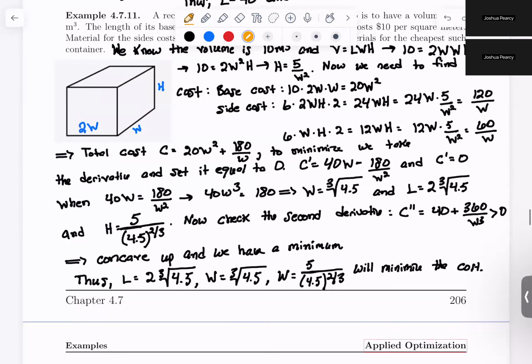So therefore, L equals 2 times the cubed root of 4.5, W equals the cubed root of 4.5, and H equals 5 over 4.5 to the 2/3 will actually minimize the cost. And that's all that I'm going to cover in this video for section 4.7.